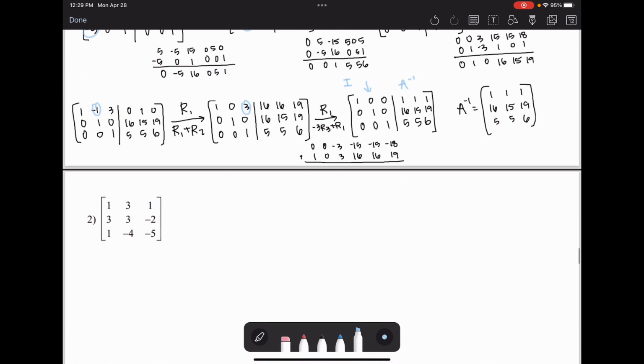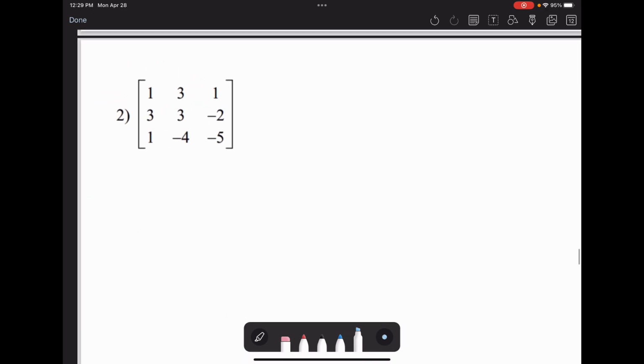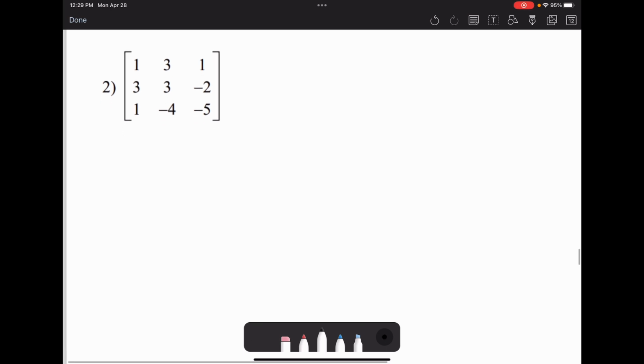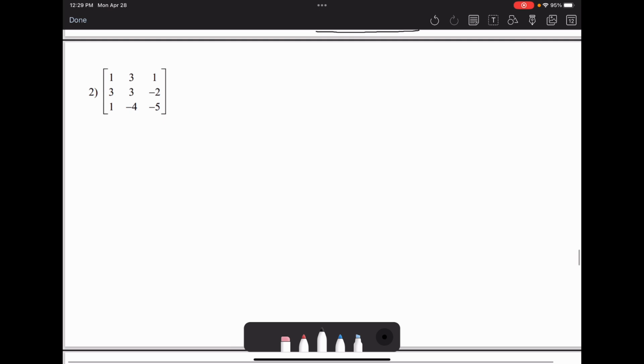So I'd like you to try doing this second example. Okay, so pause the video and take as much time as you need. You can follow step by step. And remember, with matrices and row operations, as long as you're doing something valid, there's not one correct path to get to the inverse.